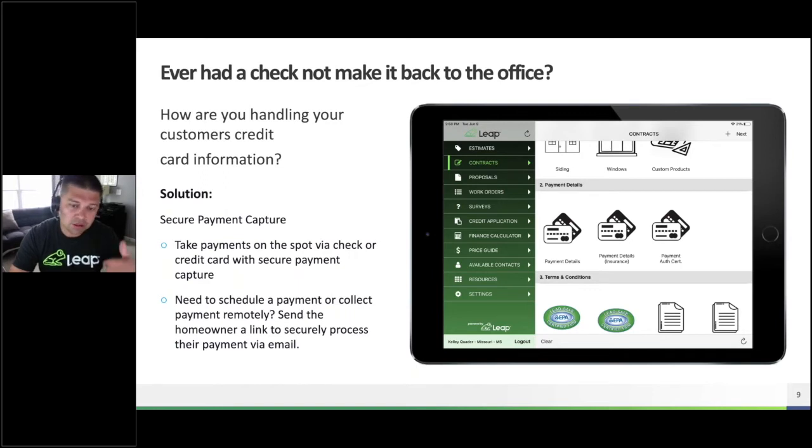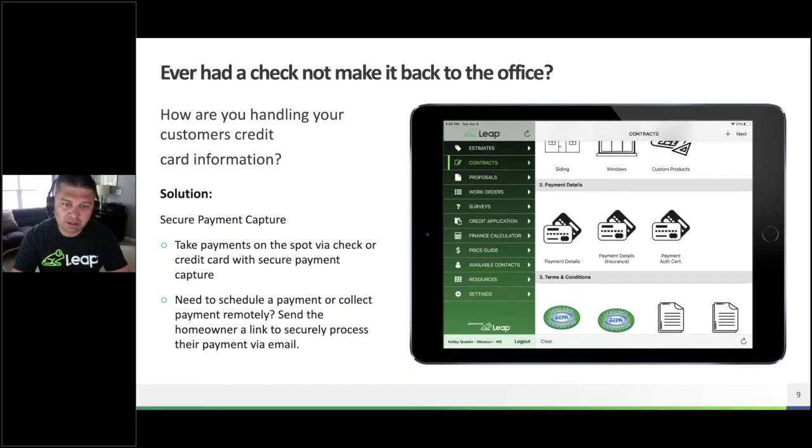And then we also just launched, we fast-tracked this because of COVID, the ability to collect payment remotely. So what this allows you to do is, let's say you need to send the customer a contract, or the customer wants to pay with a different payment method. Maybe they paid their deposit with a credit card and they want to pay the balance with a check, or vice versa.